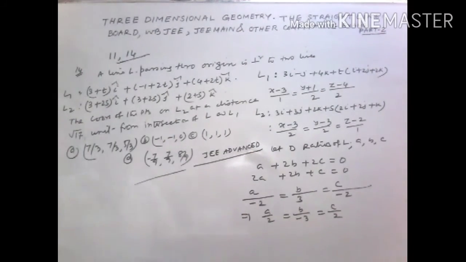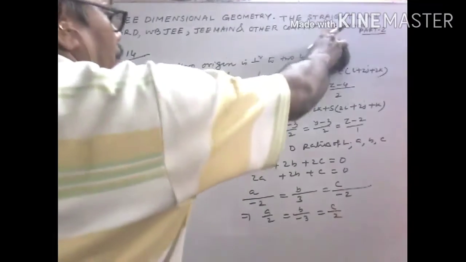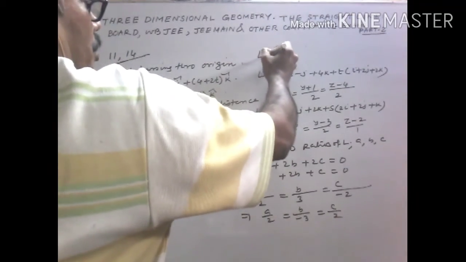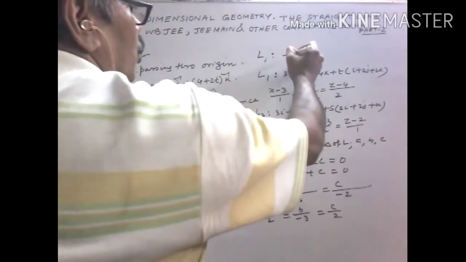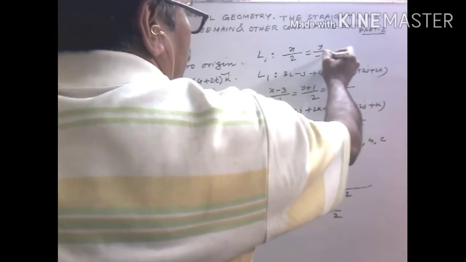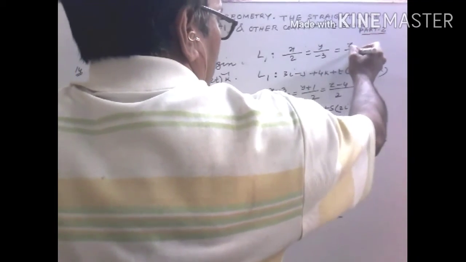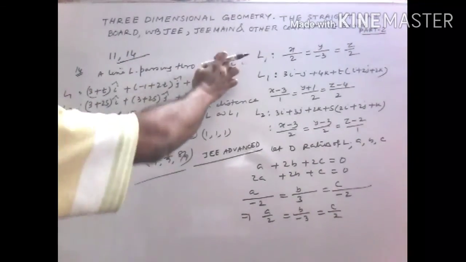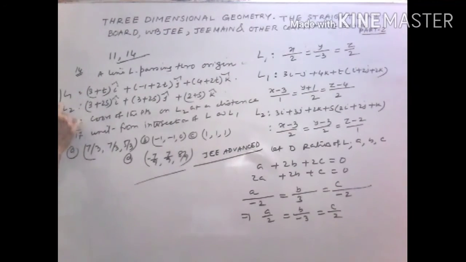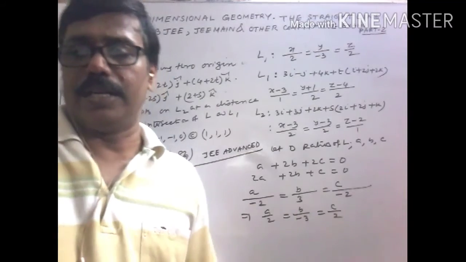So what is the line L? L is passing through origin, so x by 2, y by minus 3, z by 2. So this is our first phase: a line passing through origin and perpendicular to L1 and L2. This one is L.